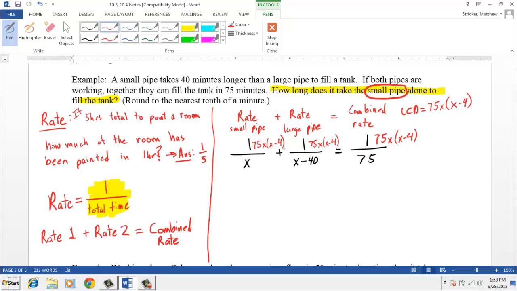So in the first term, the x's cancel, and then the x minus 40's cancel. In the second term, the x minus 40's cancel, and then in the last one, the 75's cancel. And so we multiply, we have what's left. In this first term, we have a 75 and an x minus 40.